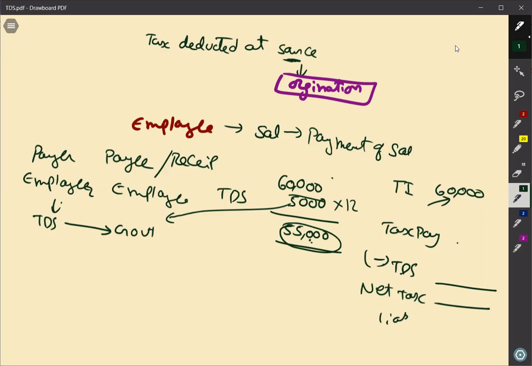So that's the reason the responsibility is given to the payer that at the time of payment, you are supposed to deduct the tax. Thereby, even if the payee is not filing the return, even if the payee is not paying any tax, on behalf of the payee, the payer has already paid the tax to the government. So revenue leakage is not there. That's the basic ideology behind tax deducted at source.